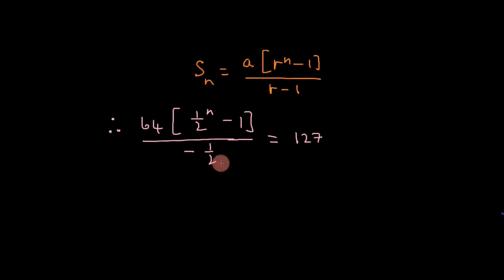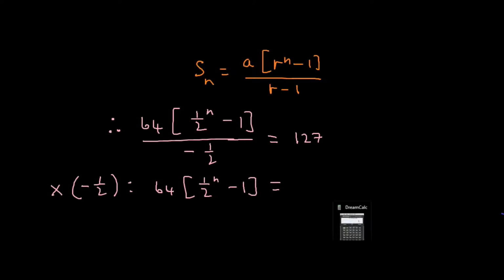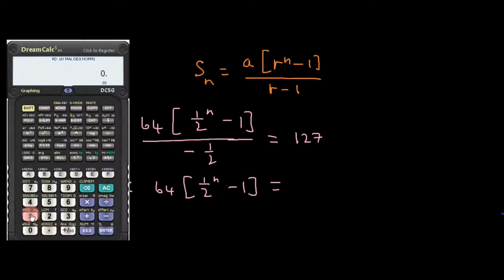We can first get rid of the negative a half here, in other words the fraction, by multiplying both sides by negative a half. So let's see, 127 times negative a half is negative 63,5.